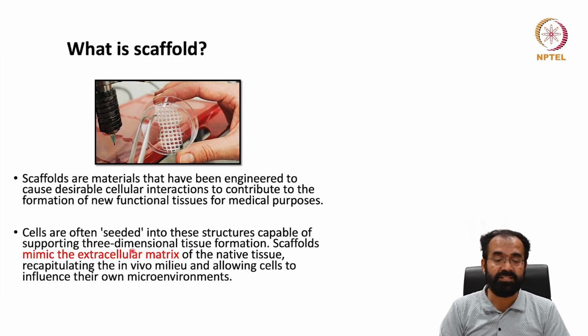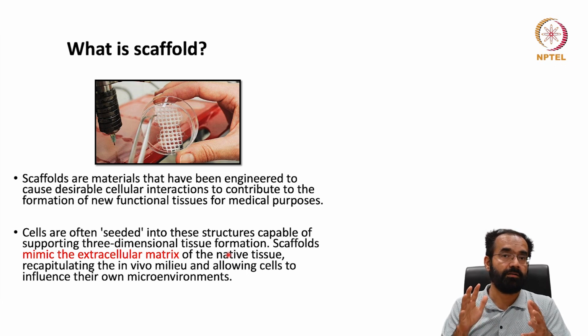So cells are often seeded into these structures capable of supporting three-dimensional tissue formation. That is the overall idea. Cells normally form a monolayer. If you want a three-dimensional structure with healthy, non-cancerous cells, then you need a scaffold. Scaffolds mimic the extracellular matrix of the native tissue, recapitulating the in vivo milieu.